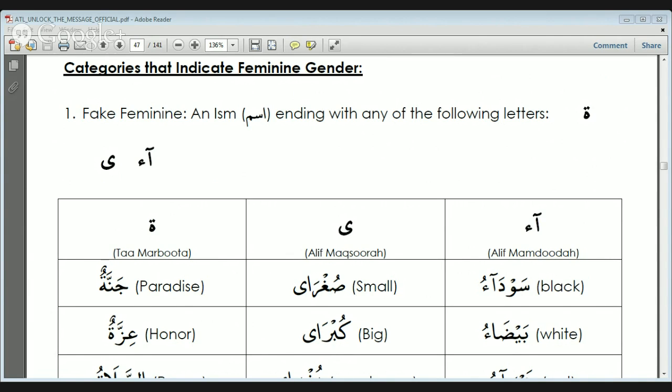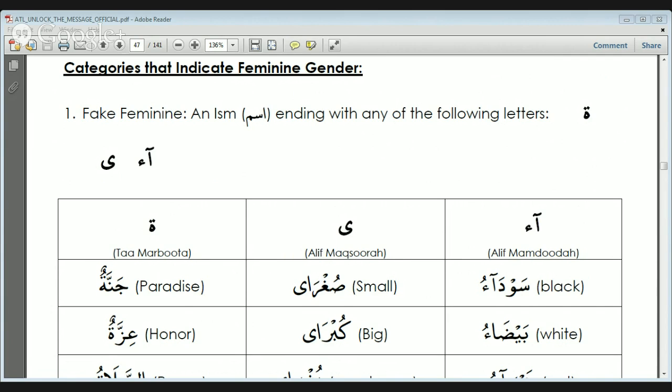For example, in Arabic, when a woman is pregnant, they refer to her as hamilun. Hamilatun is common, but more traditionally they use hamil. You can use either, but usually in old Arabic it was hamil, because a man cannot become pregnant, only a woman can, so there's no point in using the feminine.